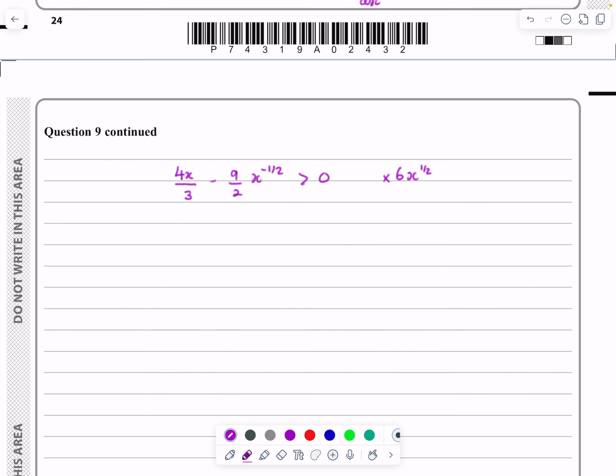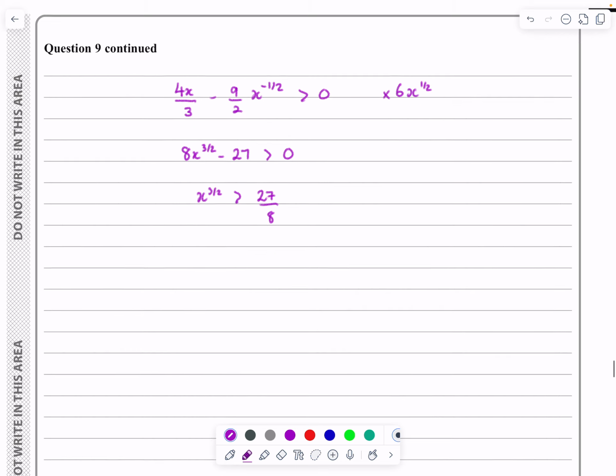So if I multiply that all by 6x to the half, I'm going to get 8x to the 3 over 2, and I'm going to get minus 27 is greater than 0. Okay, so once we've done that, we can just rearrange this. I'm going to get x to the 3 over 2 is greater than 27 over 8.